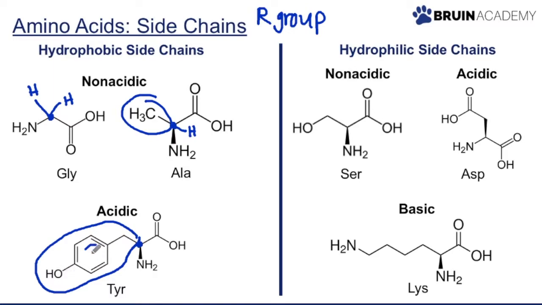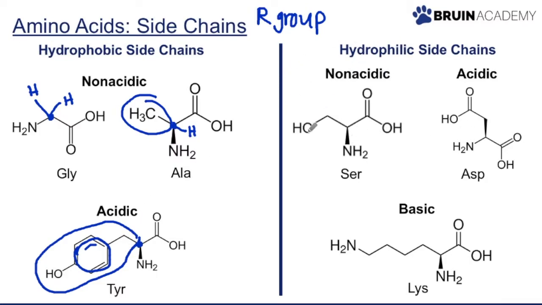And also this resonance here caused by this benzene makes the conjugate base so stable that it allows the hydrogen to be released. So this makes it an acidic molecule.